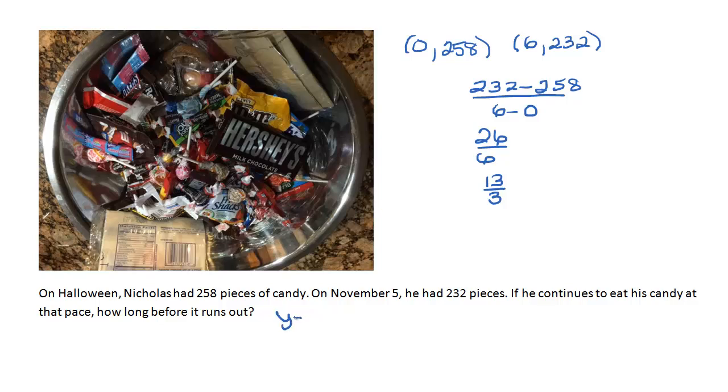Y equals mx plus b translates into y equals 13 thirds times x plus b, his original candy amount. And I made a mistake here. 232 minus 258 is a total of negative 26.